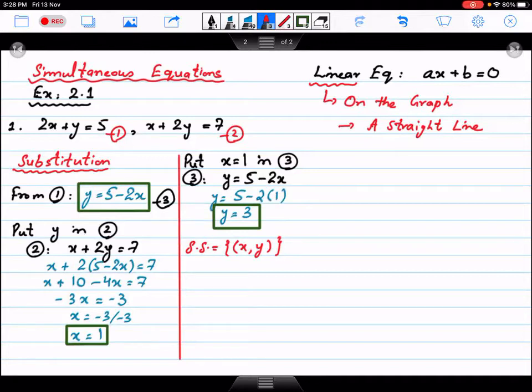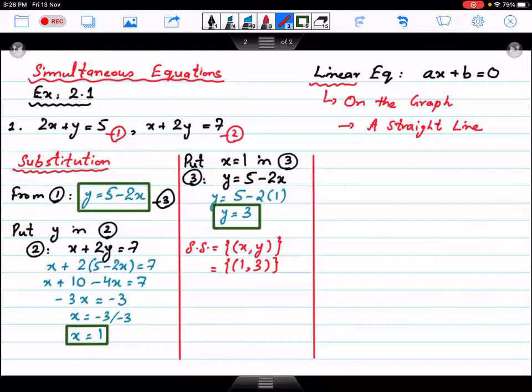It's not written in the book, but it is a method to show the answer. So I can write 1 comma 3. That means 1 is paired with 3, or rather the value of y is 3 when the value of x is 1. Is there any problem?